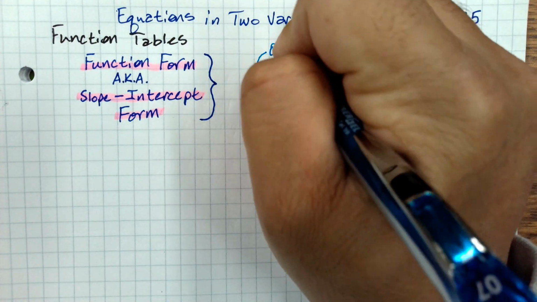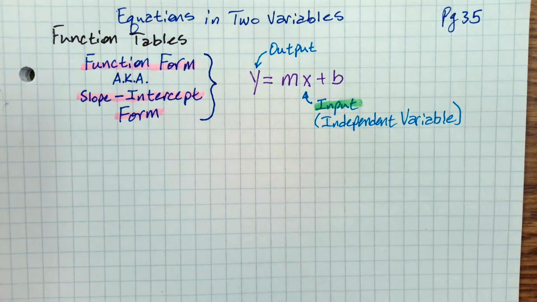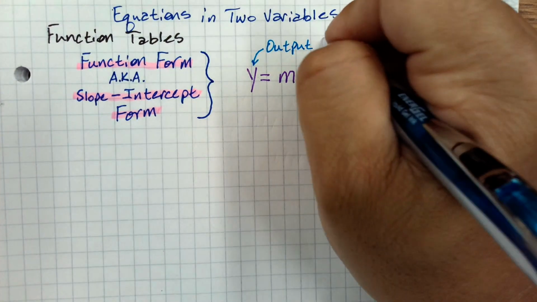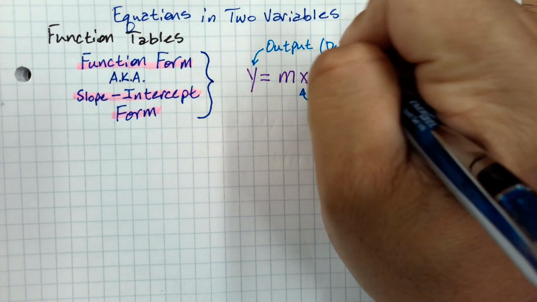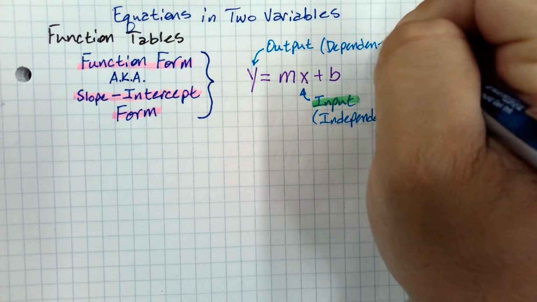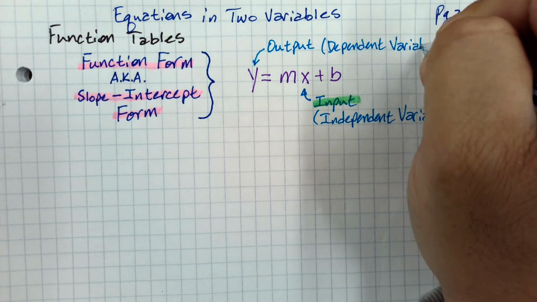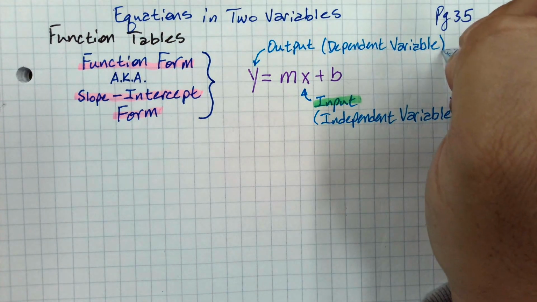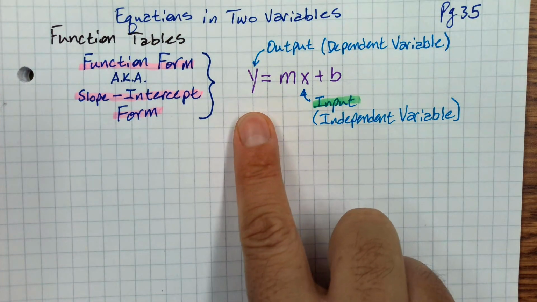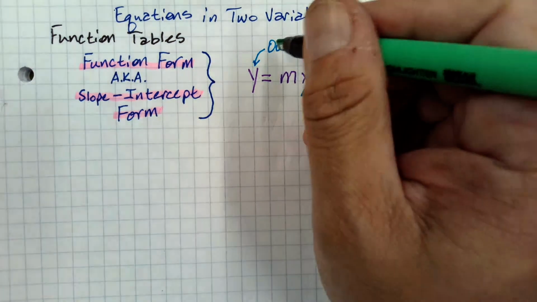This is going to be our output. And this we call the dependent variable. Meaning the answer for y is going to depend on whatever we pick for x. So this is going to be our output.